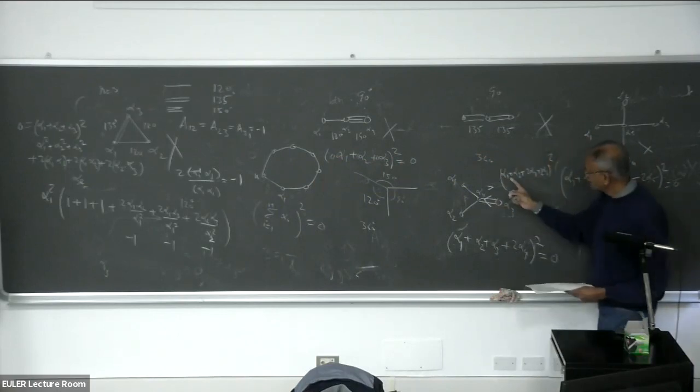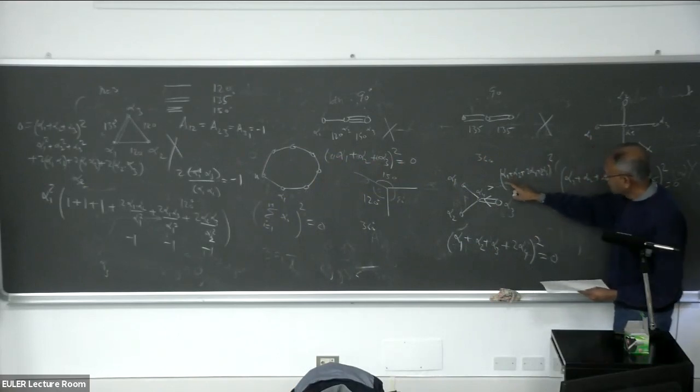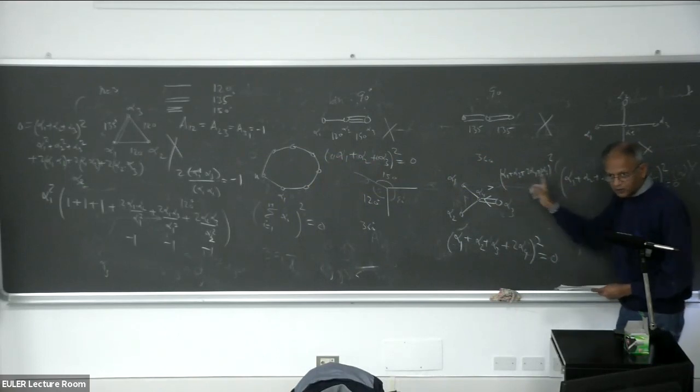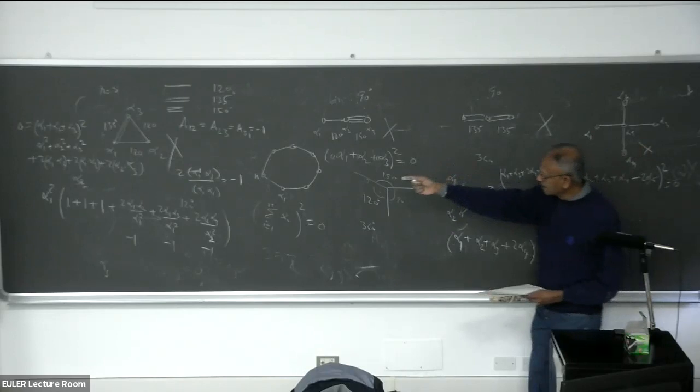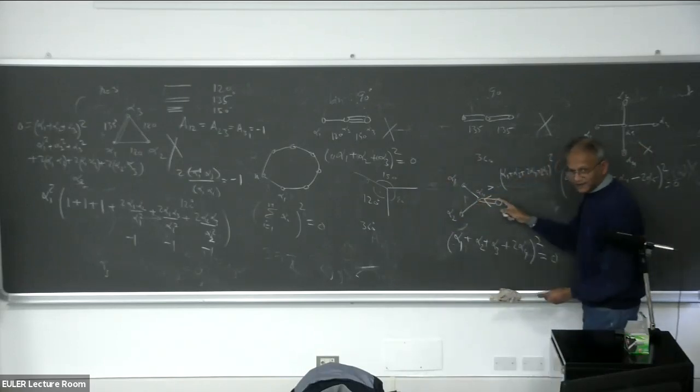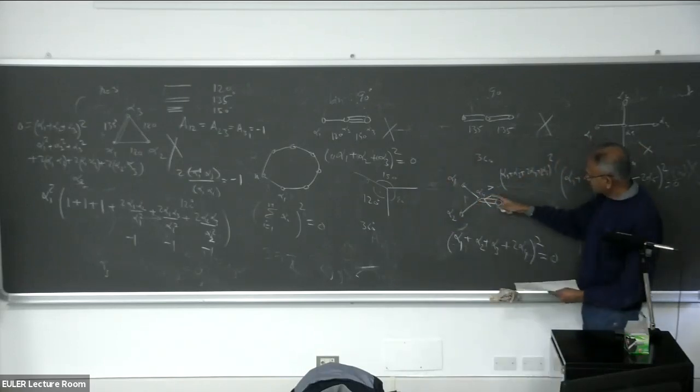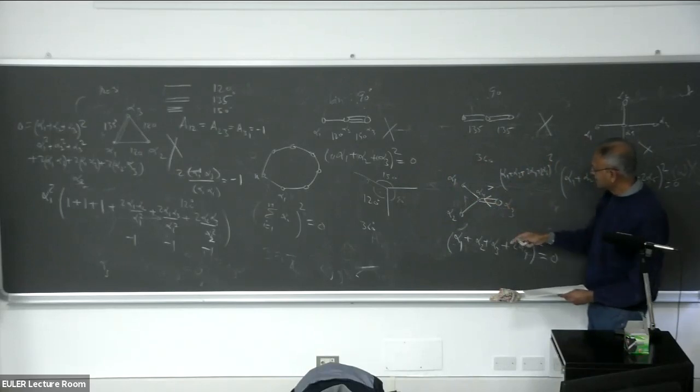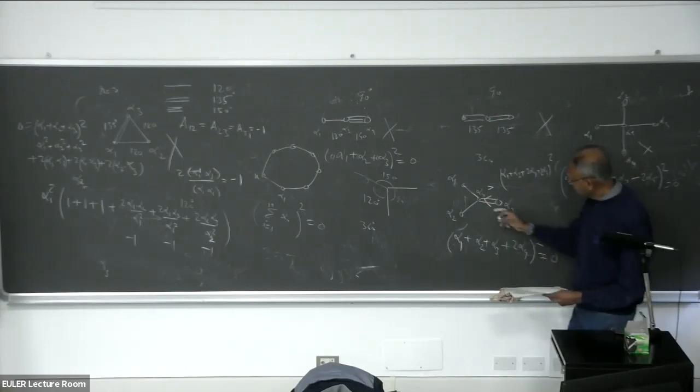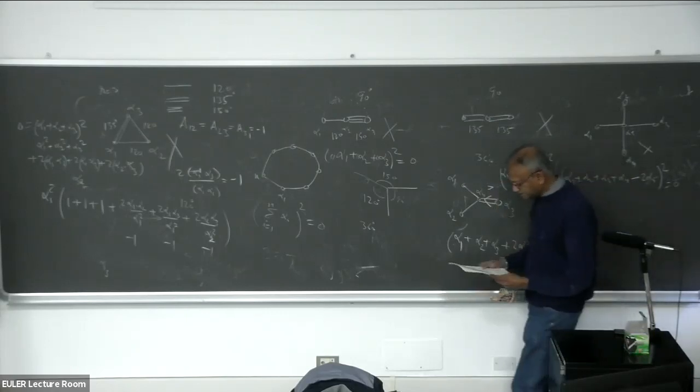When you start taking this, open it up, you'll have alpha 1 square plus alpha 2 square plus alpha 4 square, alpha 3 square, and the dot products between the pairs. No? But this information you have from these lines. From these lines, you know the information. And this arrow tells you which length is bigger. No? So this one is for that, and this one is for this. So just try that, and you will see that none of this is possible.